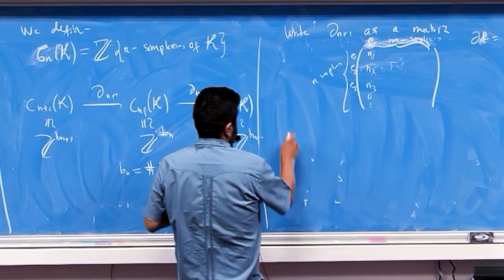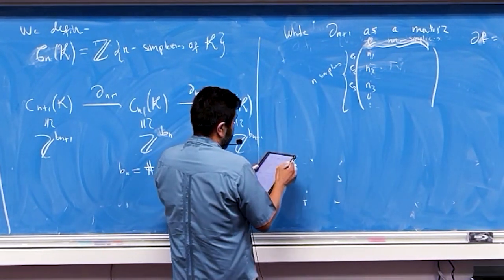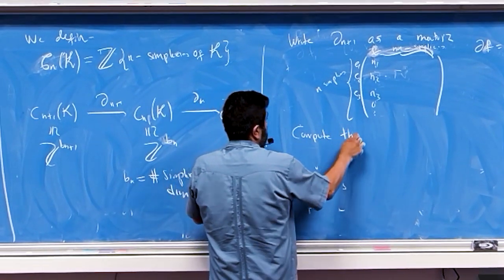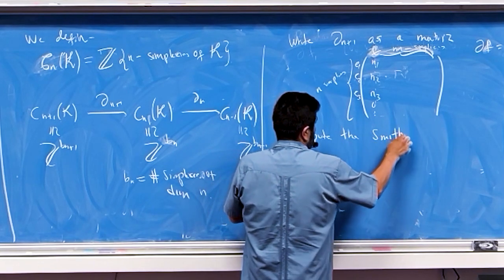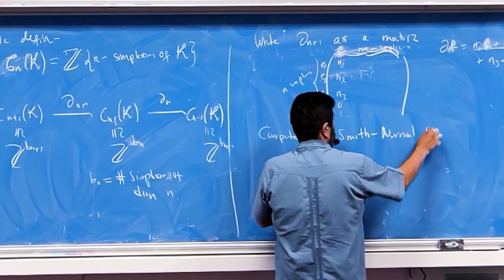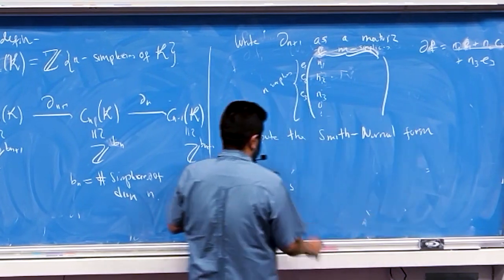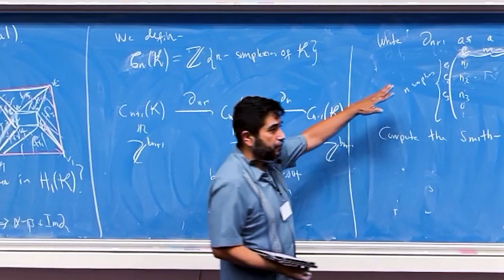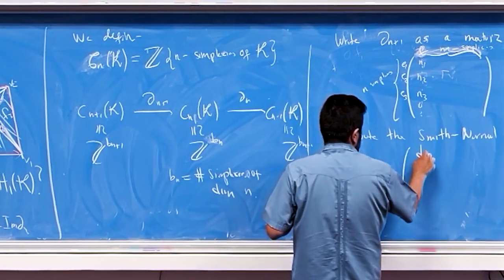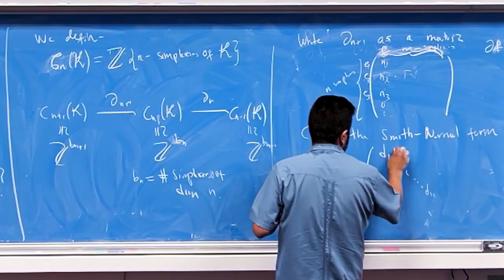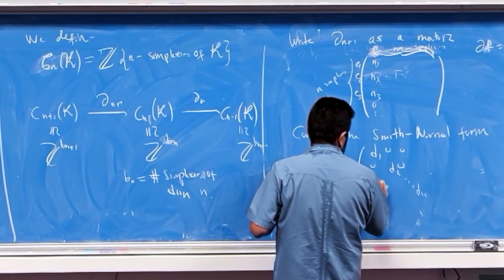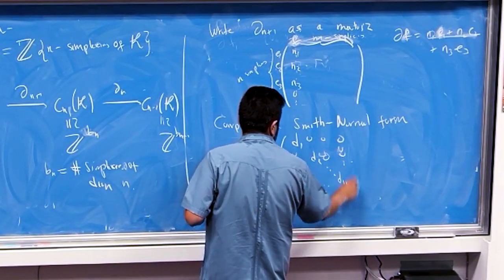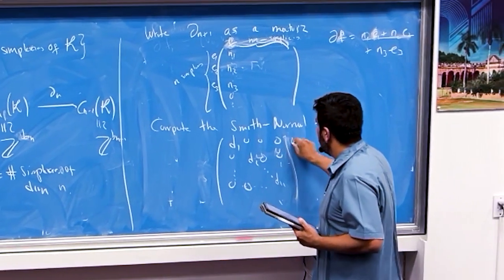Once you have the matrix, you apply an algorithm: you compute the Smith normal form, which is just, by applying row operations and column operations, you transform your matrix into the diagonal form D1, D2, and so on, with a lot of zeros, and probably some columns of extra zeros.